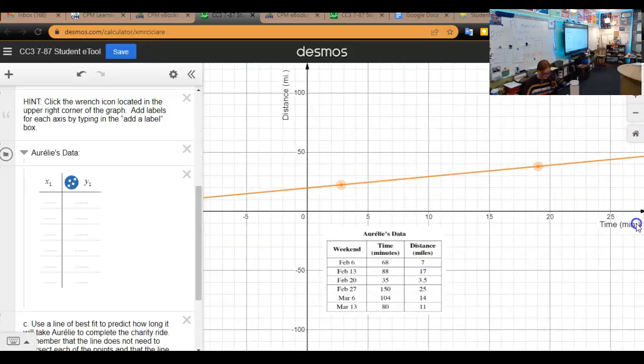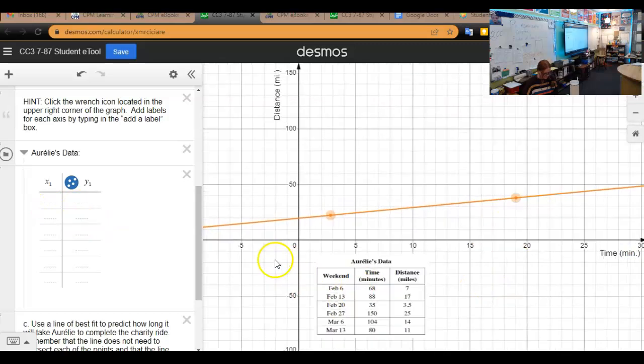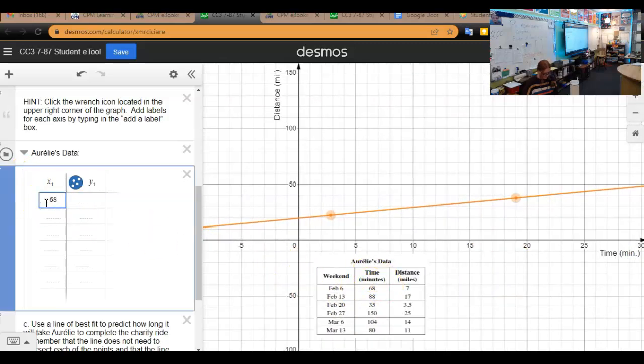So then if my x is my time, I'm going to go ahead and fill in these. 68, 68, 35, 50. Oh, thank you for that catch. I'm zoomed out enough. My eyes are struggling. 17.